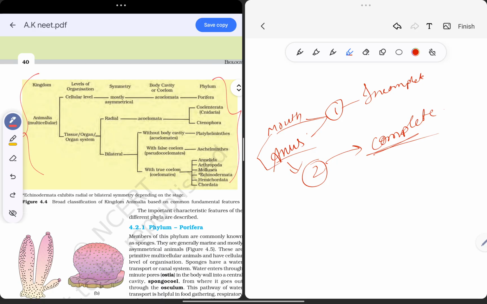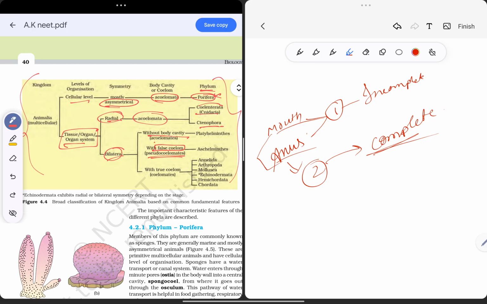The cellular level is seen mostly in the asymmetric, acoelomate Porifera phylum. Sponges come under Porifera, as I told you before. Then radial, with two phyla again, Coelenterata and Ctenophora. Then tissue and organ level: bilateral without body cavity, or with false coelom. False coelom means pseudocoelomates.